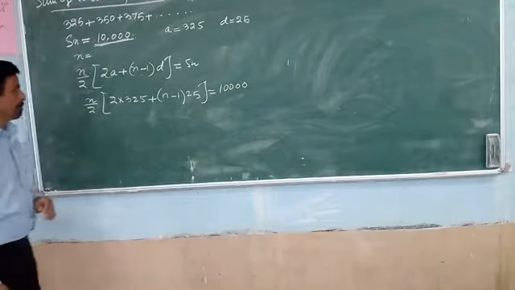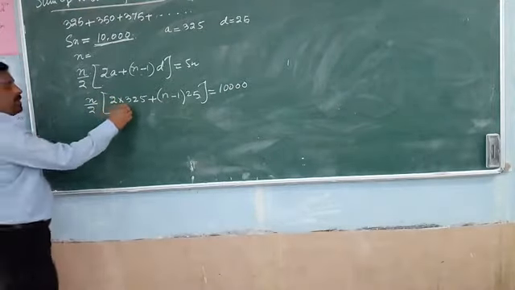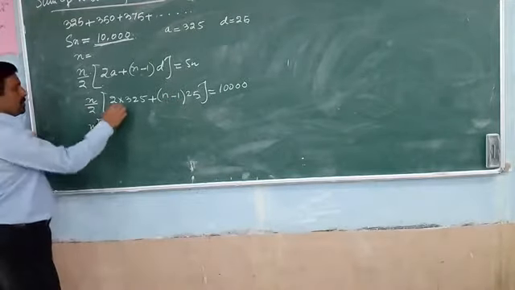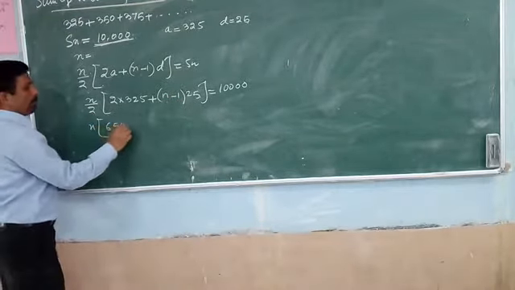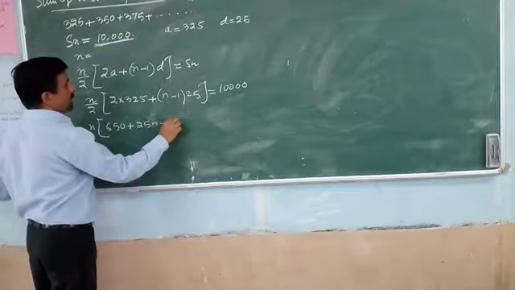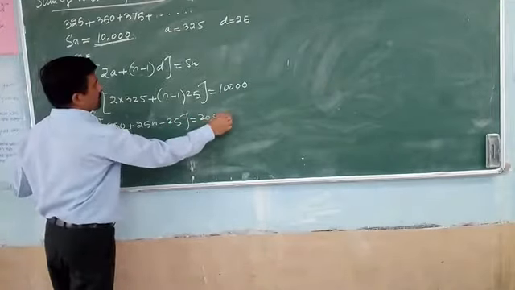Is it alright? Now this 2 will go to right hand side and then remaining will be simplified. This is n into 650 plus 25n minus 25 is equal to 20,000.